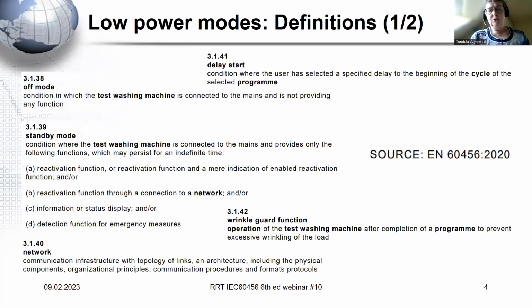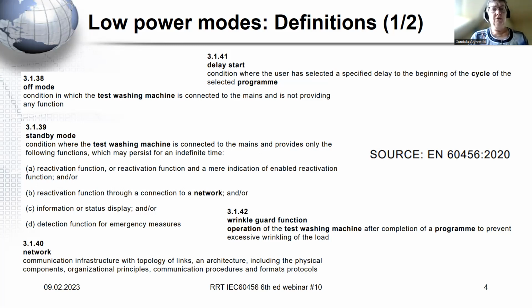So I copied into the presentation of today the definitions from CD2. And I would like to mention here that on this first slide, you see those definitions that were copied from the latest version of the European standard. So you see the off mode, which is well known for many years and easy to identify.